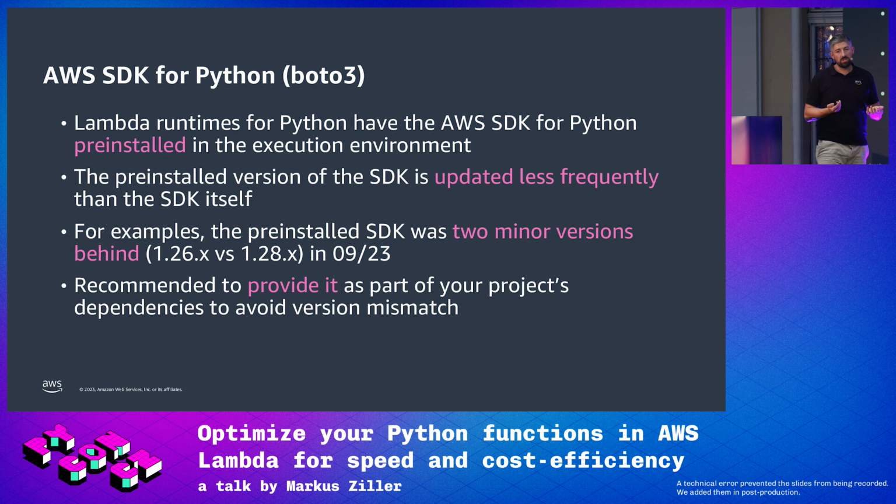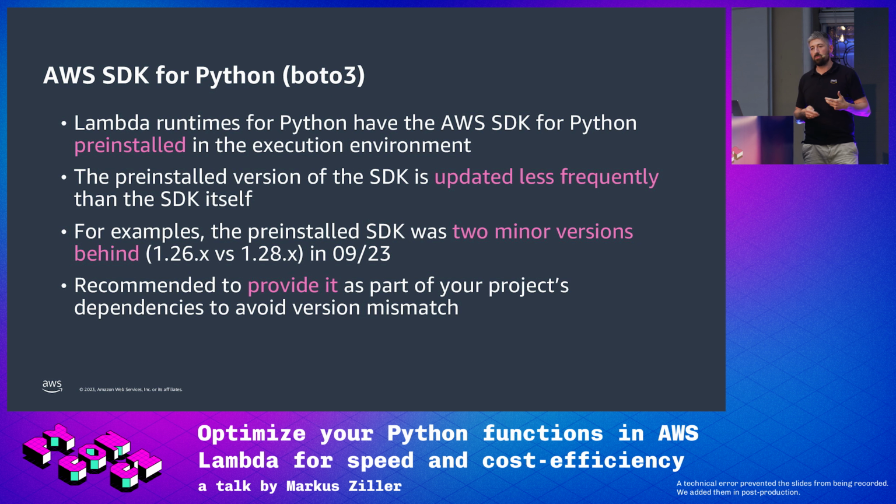Sooner or later, you're going to interact with some parts of the rest of AWS if you use Lambda functions. And you're going to use, in most cases, the SDK for Python, which is called Boto3. One thing to know is that it is pre-installed in the execution environment we provision for you, but this typically lags a few minor versions behind the most recent version.